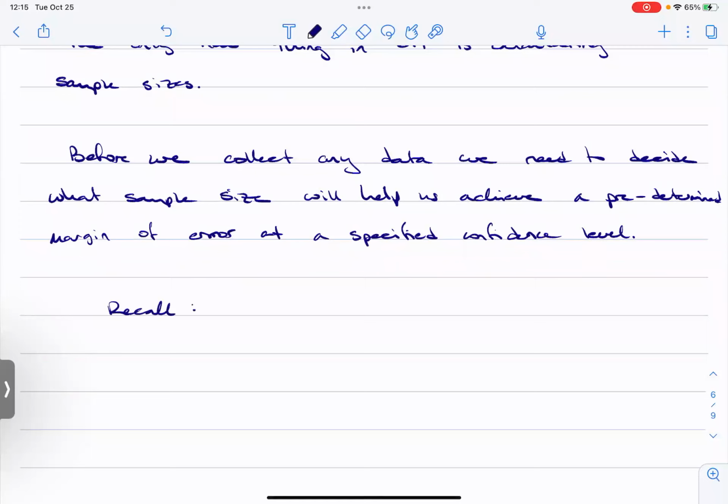This is going to come from the confidence interval. Recall that a confidence interval for p hat is p hat plus minus z star times the square root of p hat q hat over n, and this plus minus chunk is the margin of error.